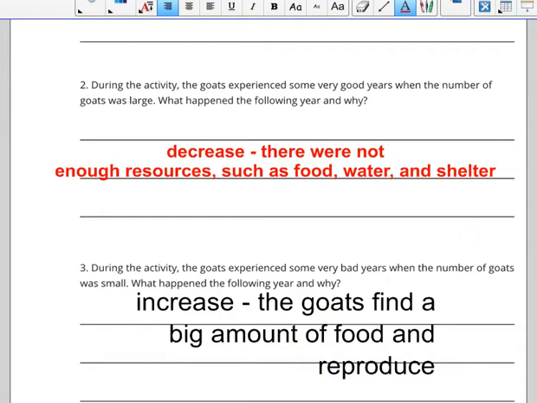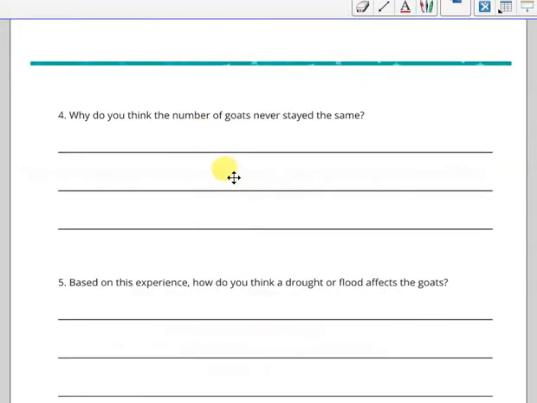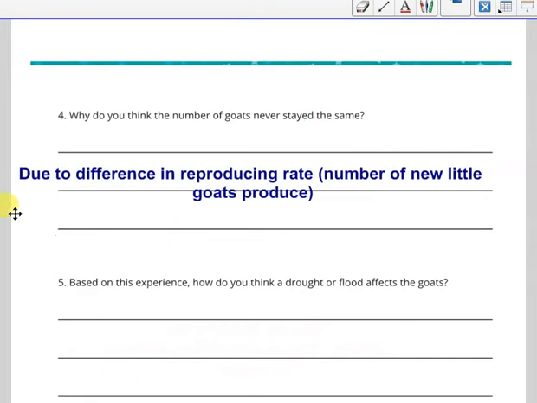Turn the page. Why do you think the number of goats never stayed the same? Why is the number different from one year to another? This is due to what? Because of differences in the reproducing rate, the number of new little goats.